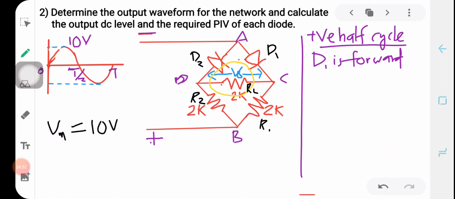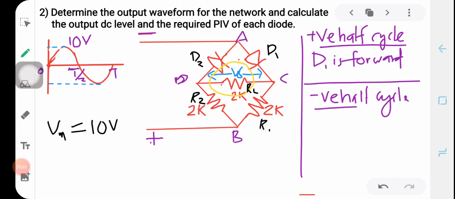So when we consider this condition during the negative half cycle, D1 is reverse biased because A is negative, and D2 is forward biased.